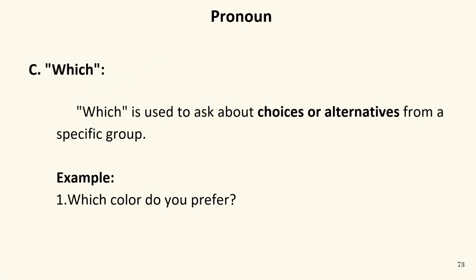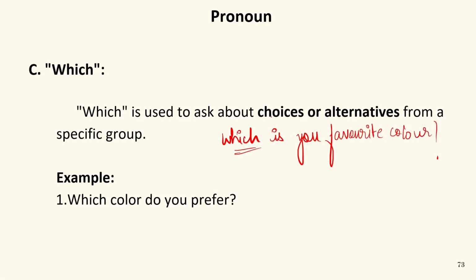Which again is an adjective, like which color do you prefer, which is your favorite actor. Now if I write the sentence, which is your favorite actor, which is your favorite anything, favorite color, favorite actor, in this sentence we have used which, and just after it we do not have any noun.